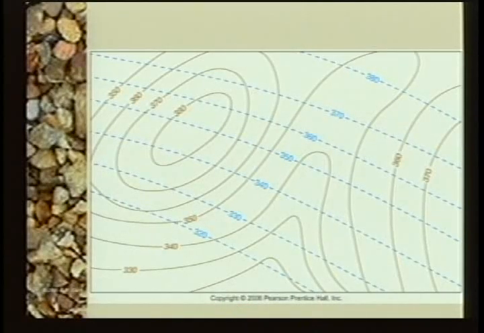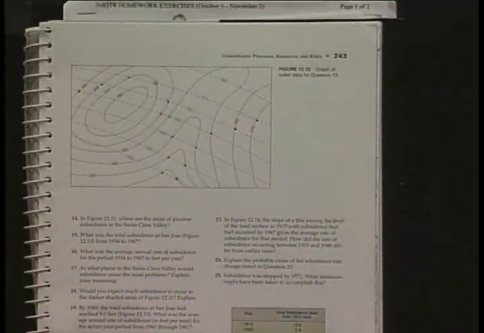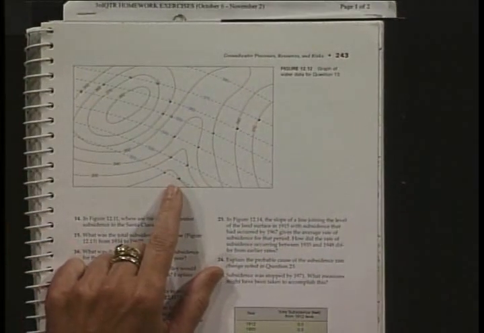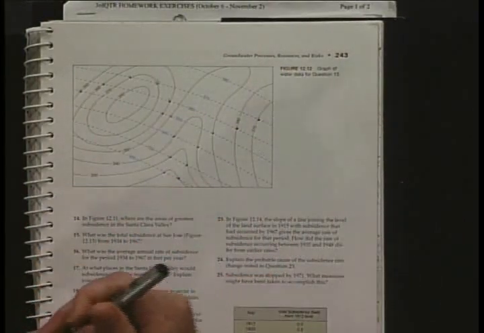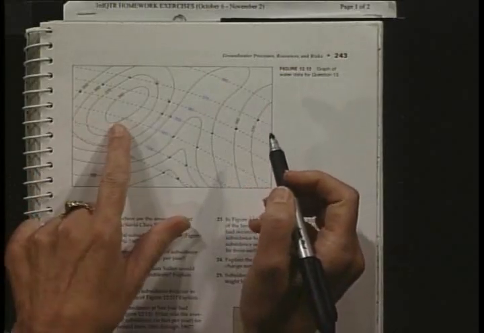Let's go ahead and try to see where an artesian system would be in this diagram. What are we seeing in this diagram? Well, first off, we can notice that the brown lines are our contour lines.